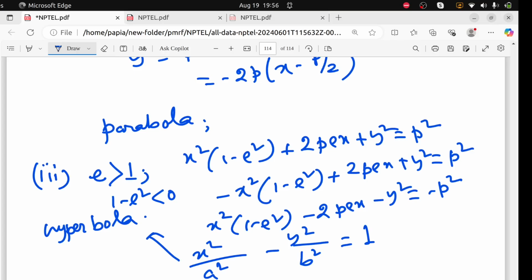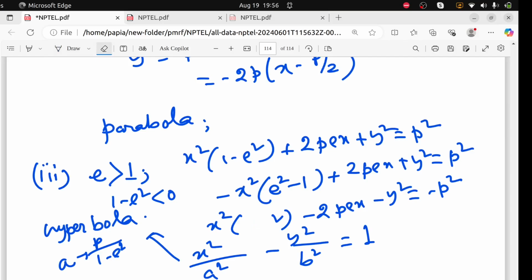So you can see that here we basically have the same theme. The same thing: a equals p by (1 − e square), but here, as it is minus, 1 − e square is negative. So if I take e square minus 1, this will be positive.